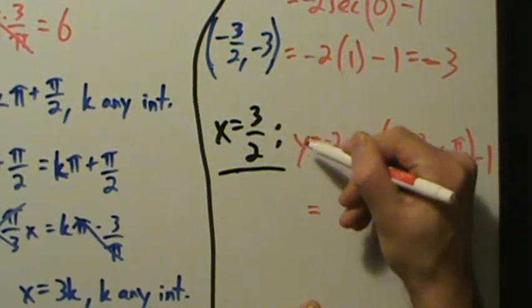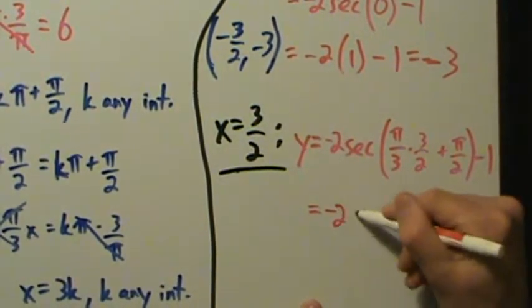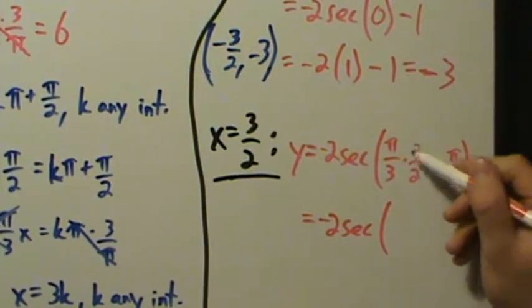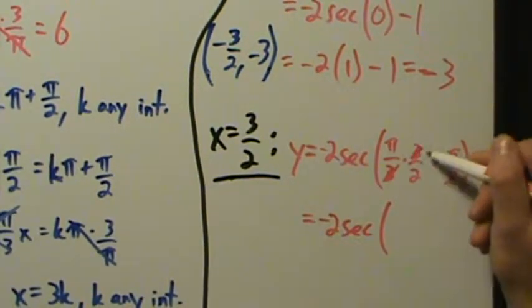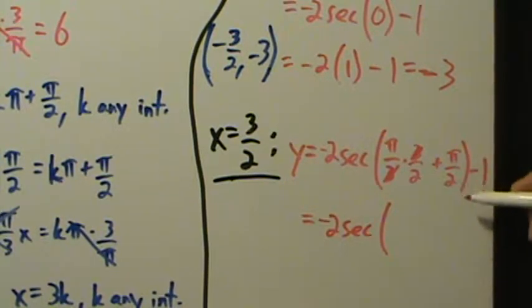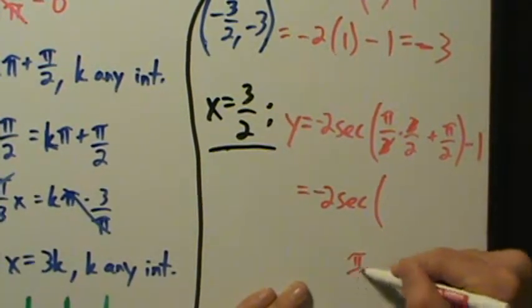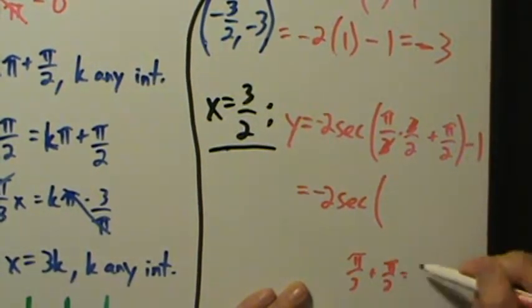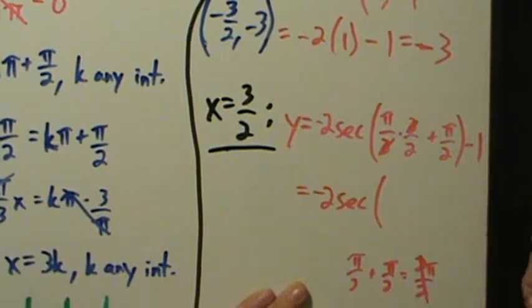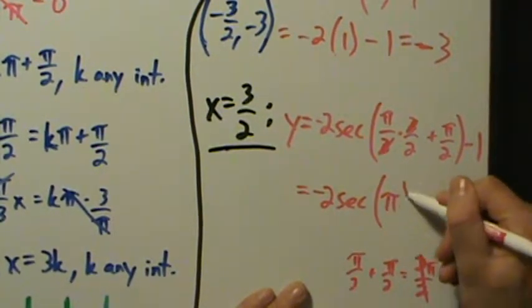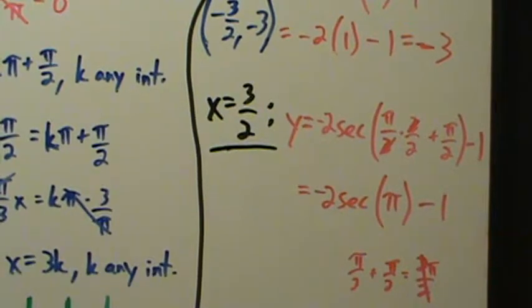So now this is going to equal negative 2 times the secant of pi over 3 times 3 halves, so 3 and 3 cancel, we're just left with pi over 2 plus pi over 2. So pi over 2 plus pi over 2 is 2 pi over 2. 2's cancel, we're just left with pi, so this is secant of pi, and then minus 1 still.